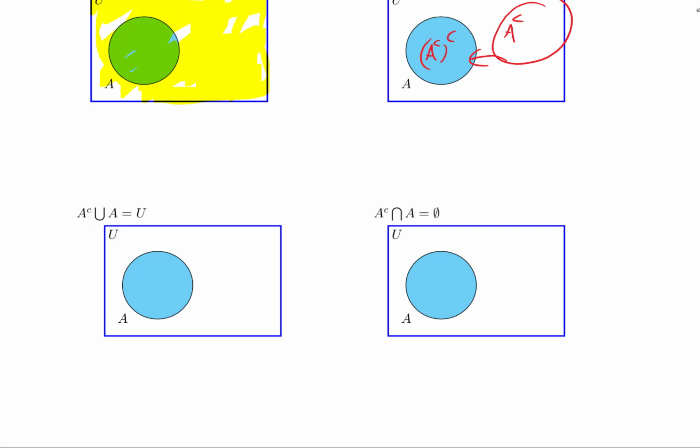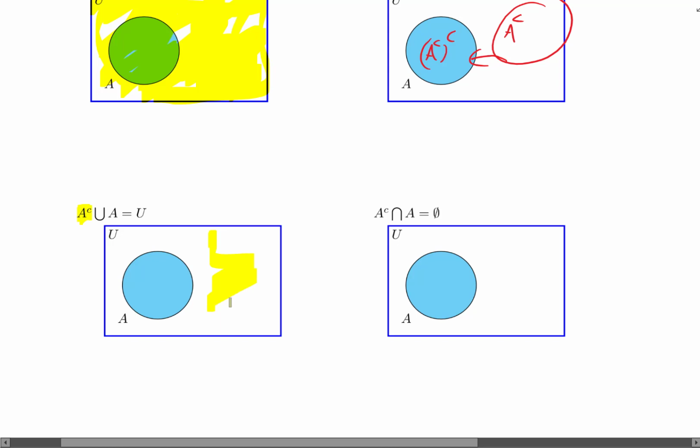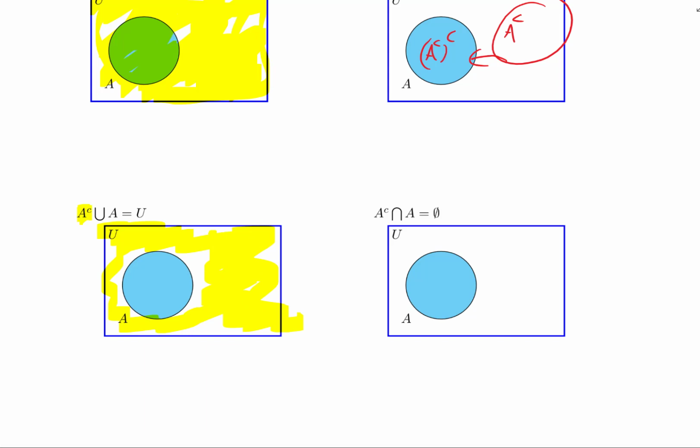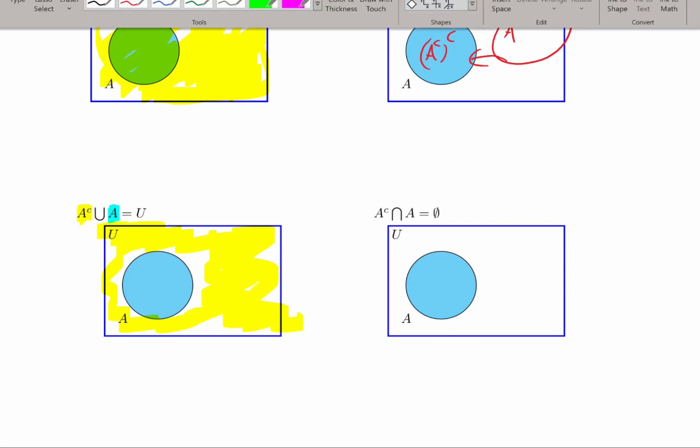Alright, so we have the A complement, which we'll highlight in yellow here. And then A is already highlighted in blue. You add those two together, you have the universal set. Okay.